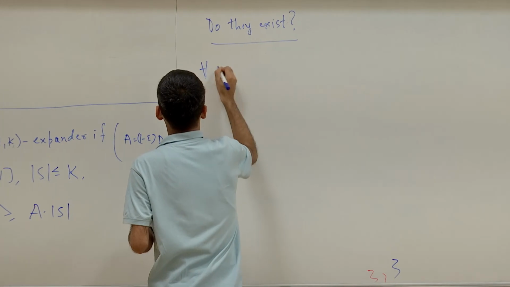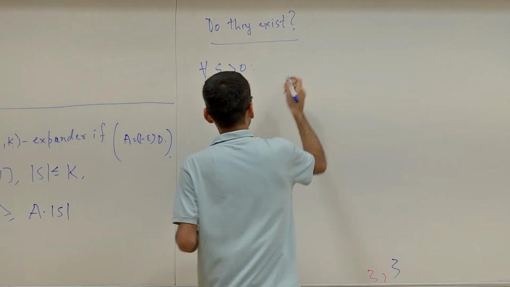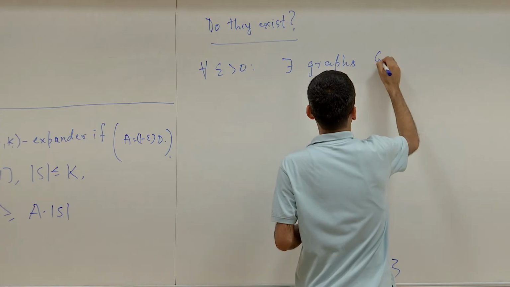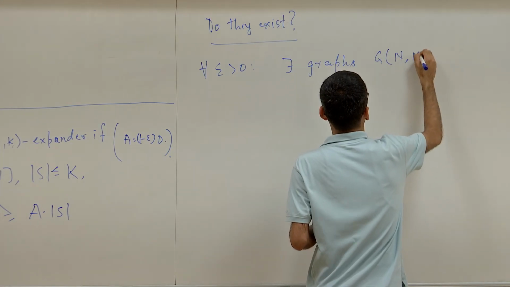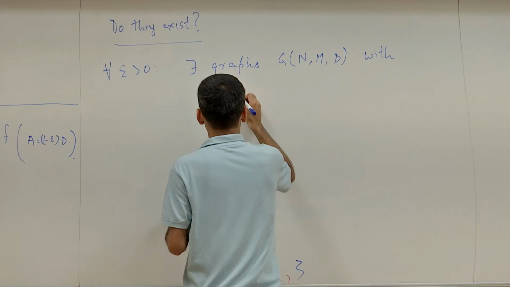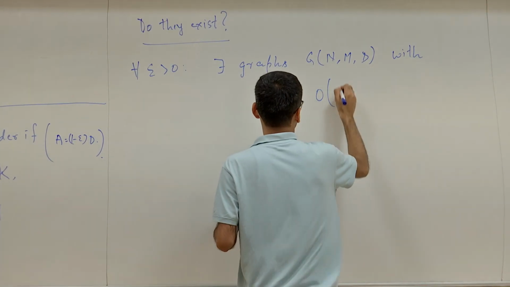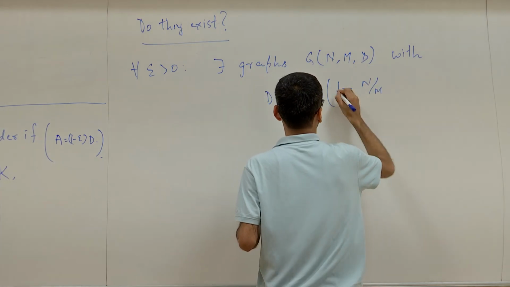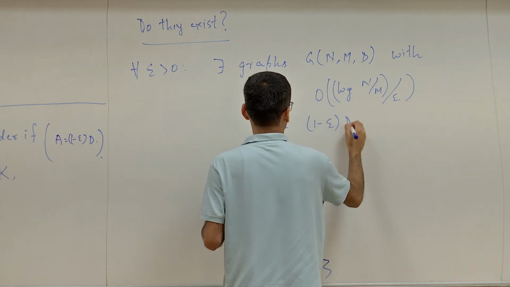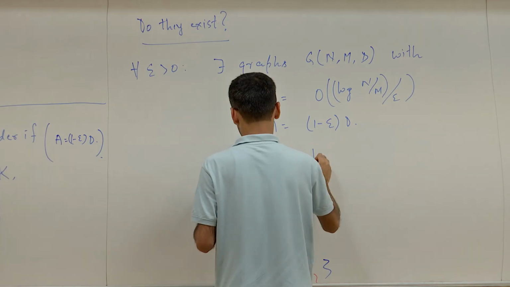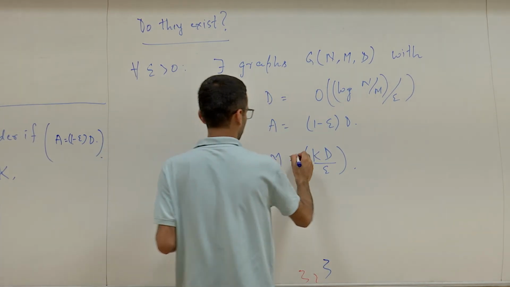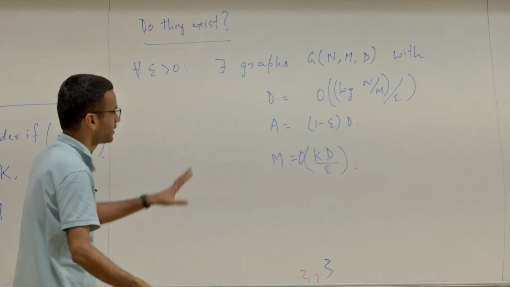So for every epsilon greater than 0, there exist graphs G with N, M, let's say D, with D being... So let's set some numbers, there are too many moving parts here.